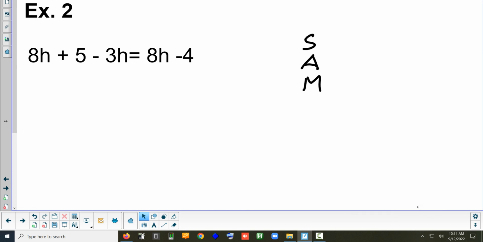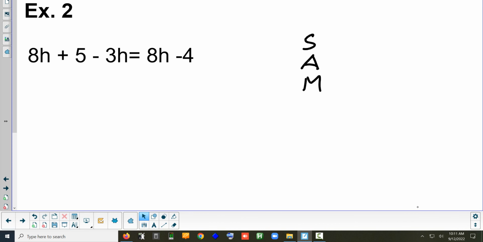All right, so first step, under simplify, do we have any distributive property in this one? How would you know if you had distributive property? What would you see? Yeah? You would see parentheses. There are no parentheses there, so no distributive.